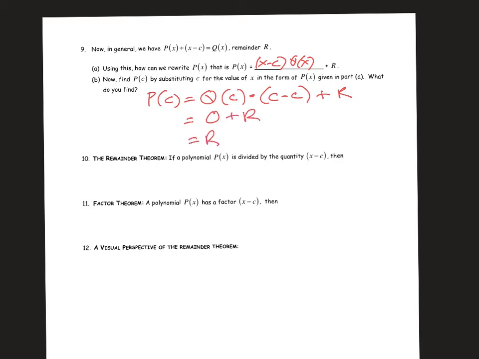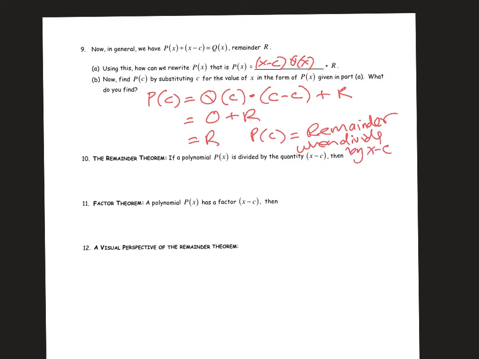In other words, the y-coordinate of the polynomial at c is the remainder when I divide the polynomial by x minus c. So p of c equals the remainder when divided by x minus c, which is kind of weird to think about.